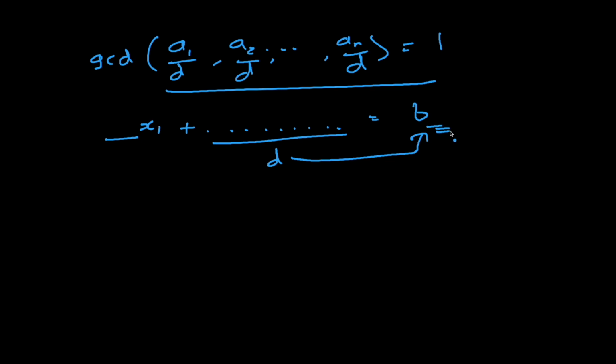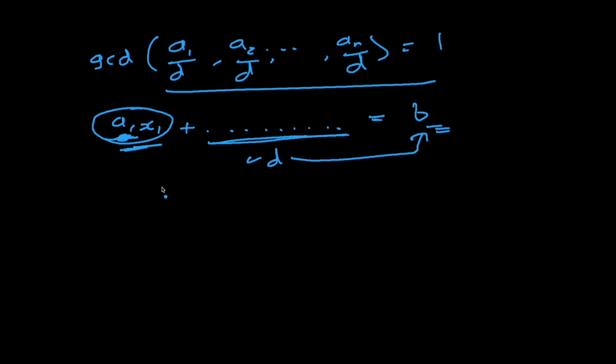All the other terms are strictly divisible by d, but a1 x1 is not. Since this is an equality, whatever remainder b leaves when divided by d, the same remainder should be left by the term a1 x1.